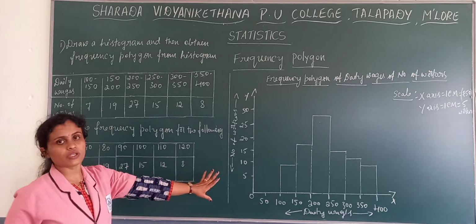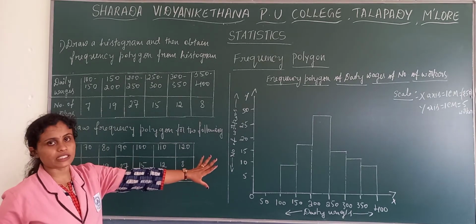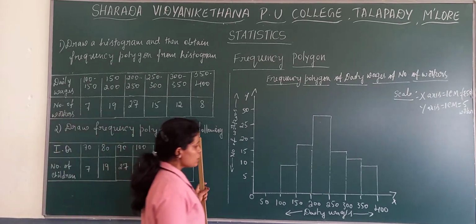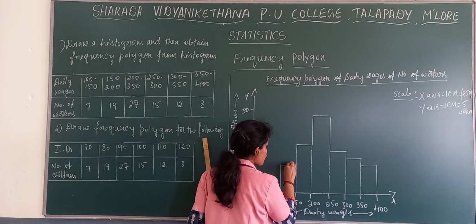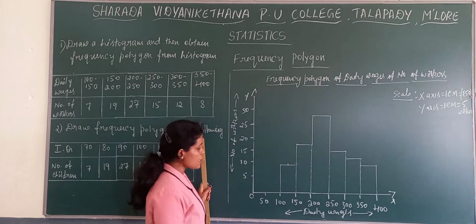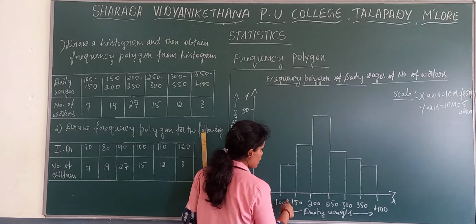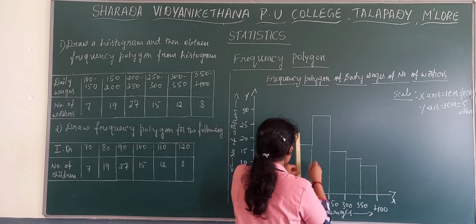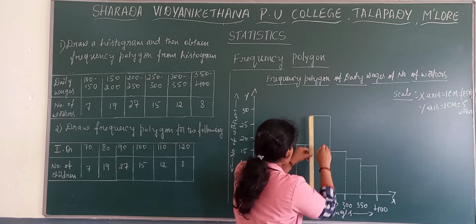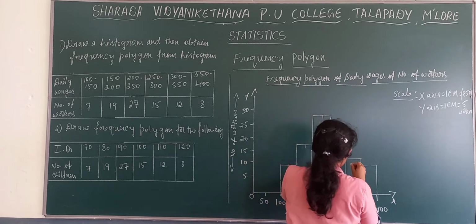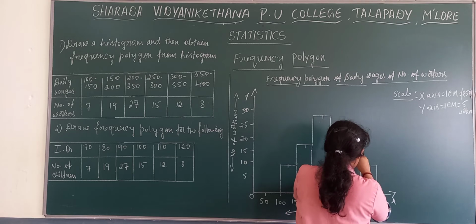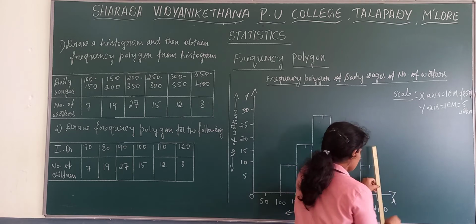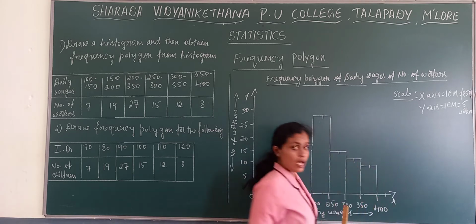Now, how do we represent the frequency polygon after completing the histogram? You need to find the midpoints of the histogram classes, for example 100 to 150. On an average, you have to locate the midpoint, then join those midpoints.